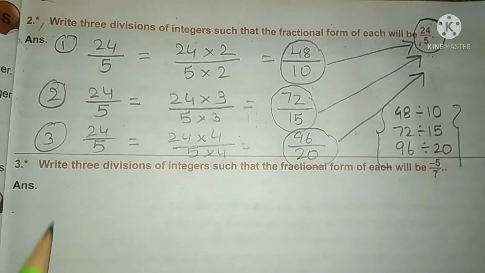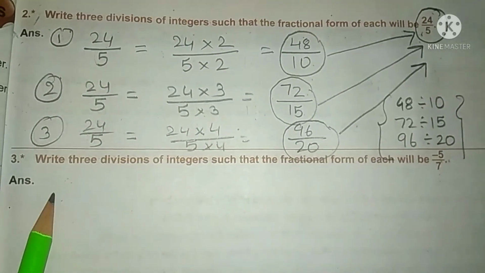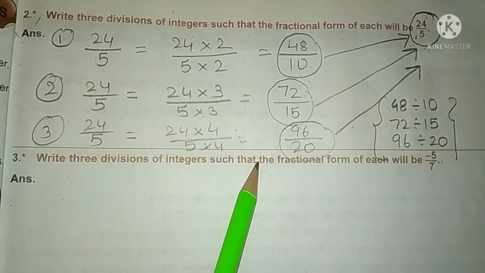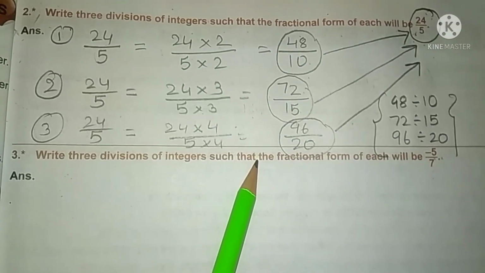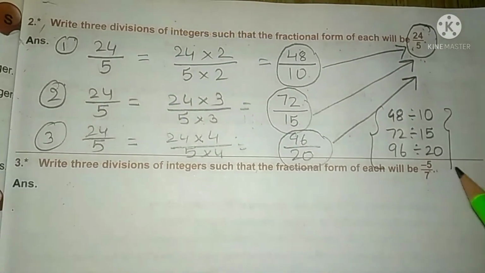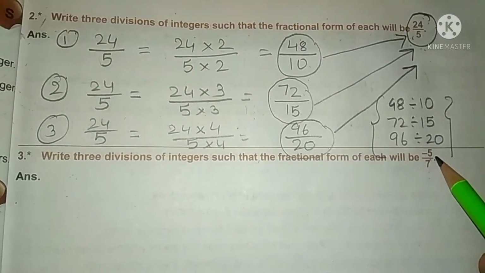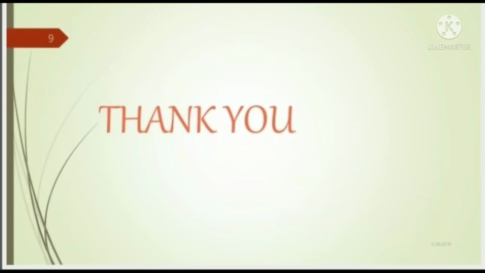Clear, students? So question number 3 you will do. In these 3 divisions of integers, we have to find them in such a way that after dividing you will get the answer minus 5 upon 7. So this is your homework. Thank you.